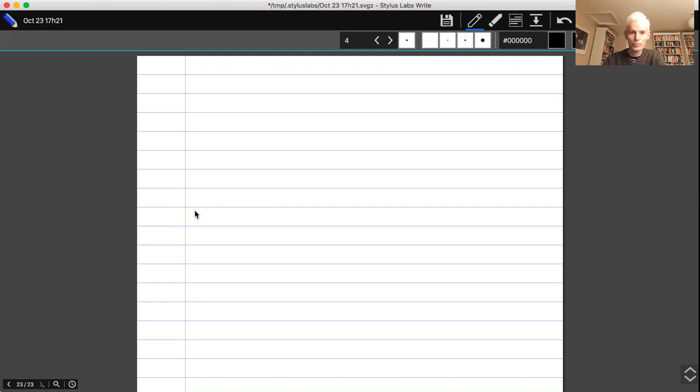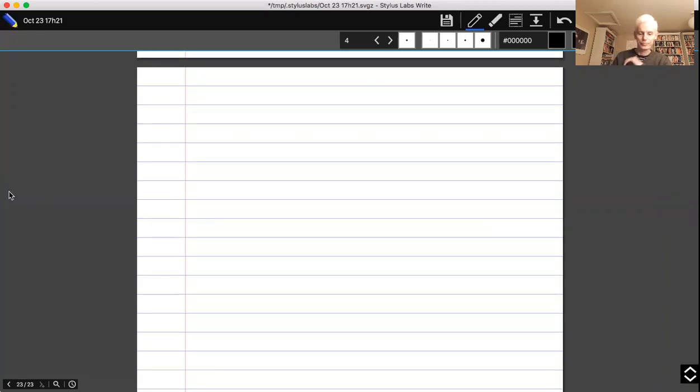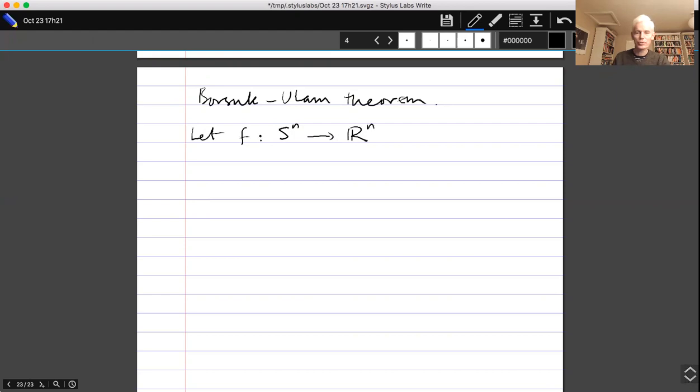So let me begin by saying what the Borsuk-Ulam theorem says, or reminding you, if that's the situation for most people. It says the following. Let f be a continuous map from S^n, the n-dimensional sphere, which we could think of as the unit sphere in R^(n+1), to R^n.